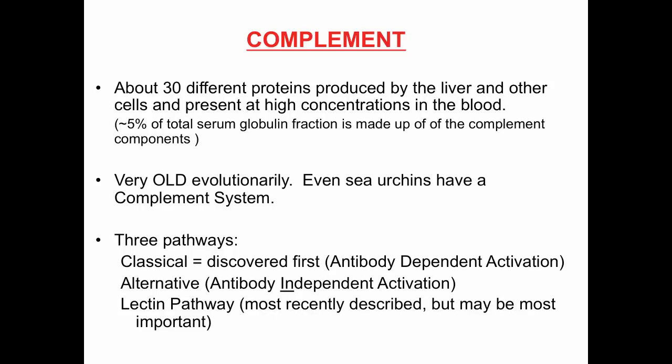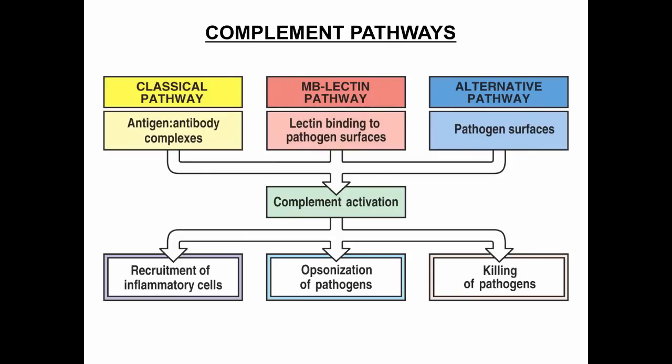There are three main pathways that are associated with complement activity: the classical pathway, the alternative pathway, and the lectin pathway. The classical pathway is actually activated by products of the innate immune system. In order to activate the classical pathway, you need to have antibody interaction with antigen, and I'll define these terms a little bit more in the next lecture.